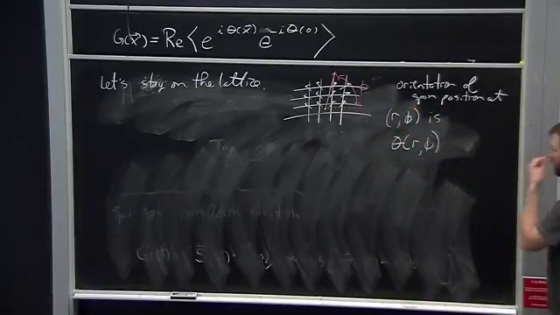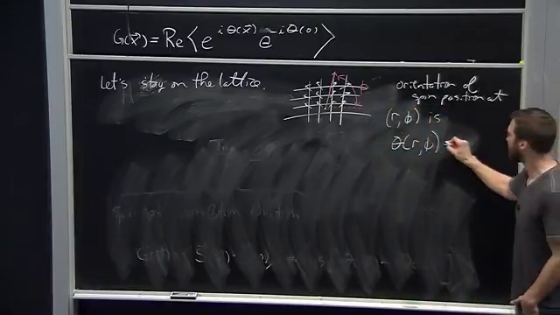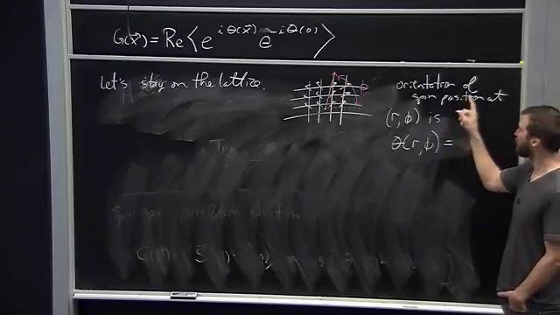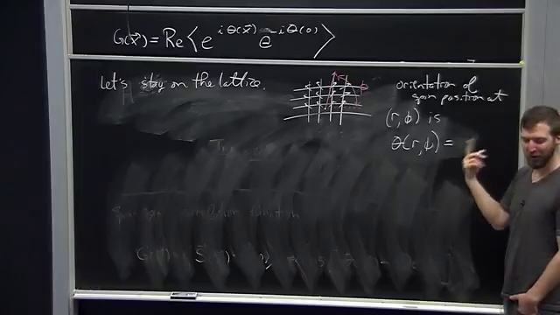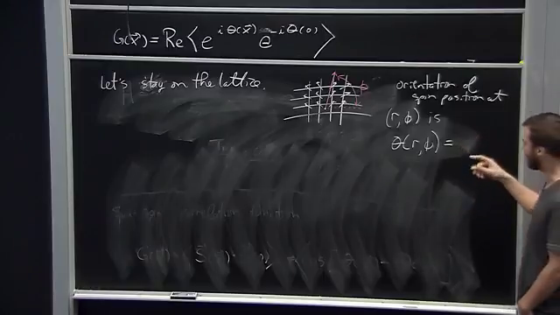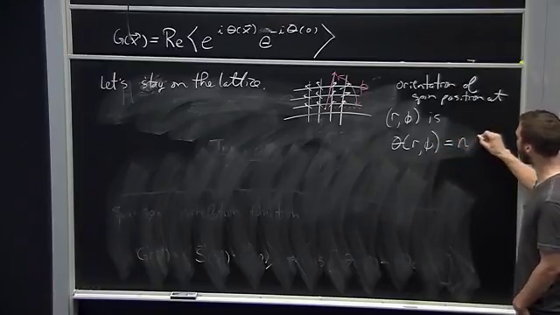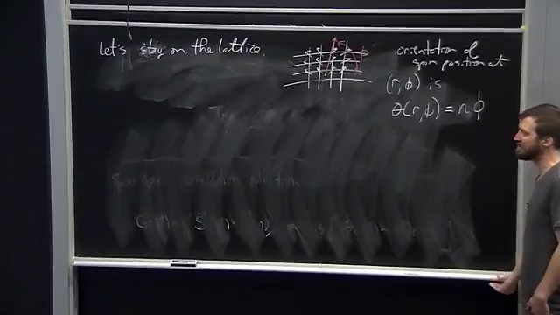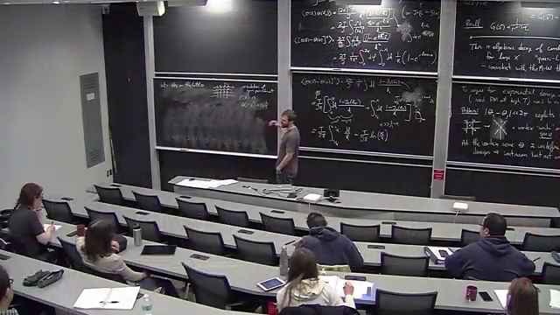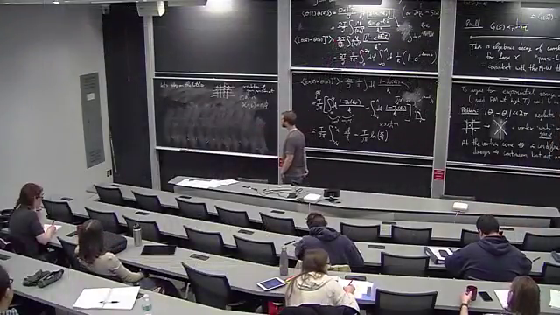Okay, so if I have a vortex, then the orientation of the spins is some multiple of phi. And I'll call that multiple n. So that's the charge, or the strength, or the winding number of the vortex. So I'm just describing the vortices, and I'll show you the energetics for the vortex.